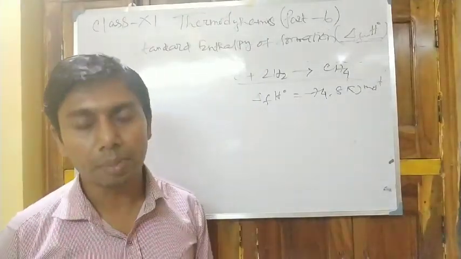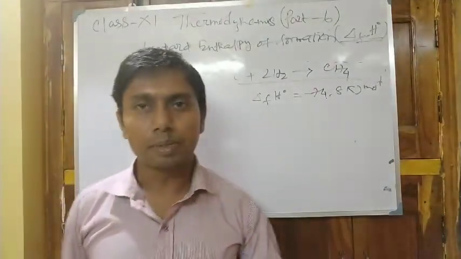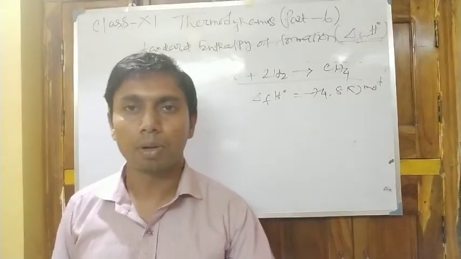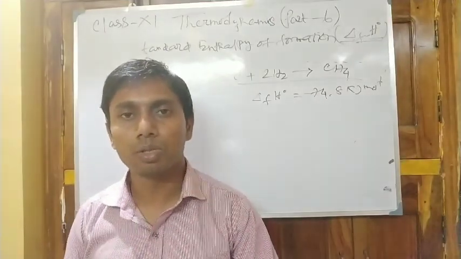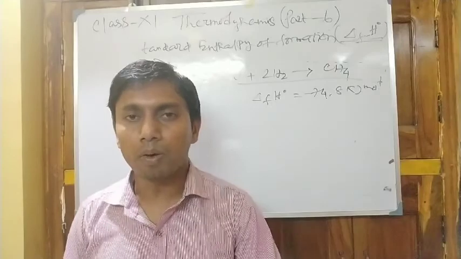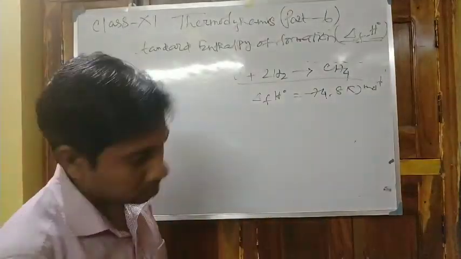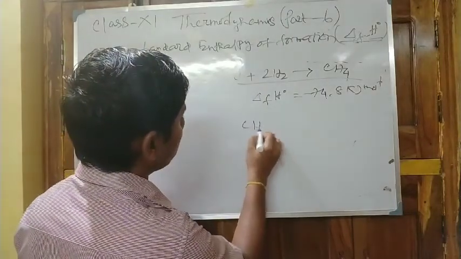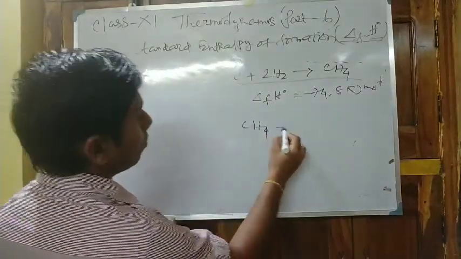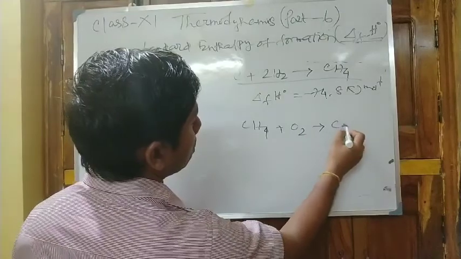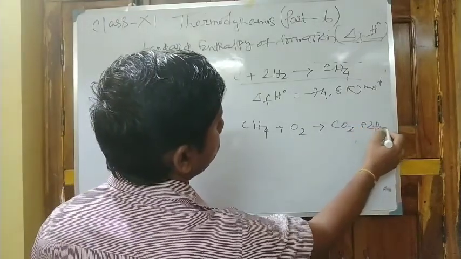Enthalpy of combustion, that means when 1 mole of substance is burned in presence of air or oxygen producing the compound and energy, this comes under the enthalpy of combustion. For example, CH4 plus O2 gives CO2 plus 2H2O.